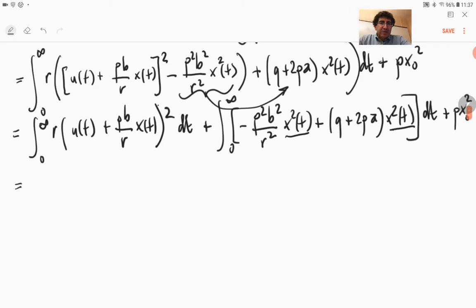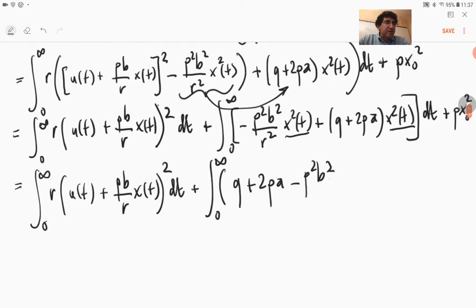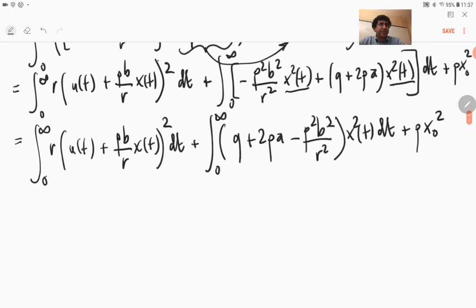So the first part of the expression is the same, u of t plus, and the second integral becomes basically q plus 2pa minus p square b square over r square times x square of t dt plus p x0 squared.